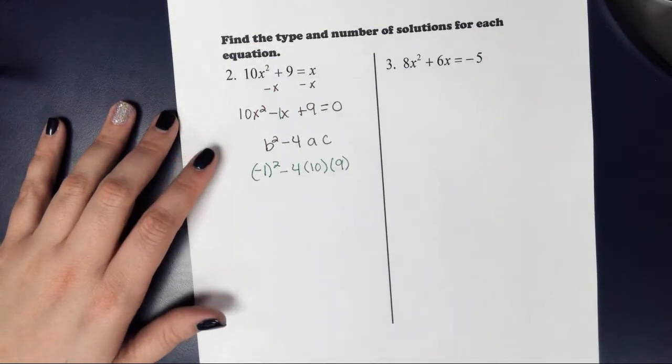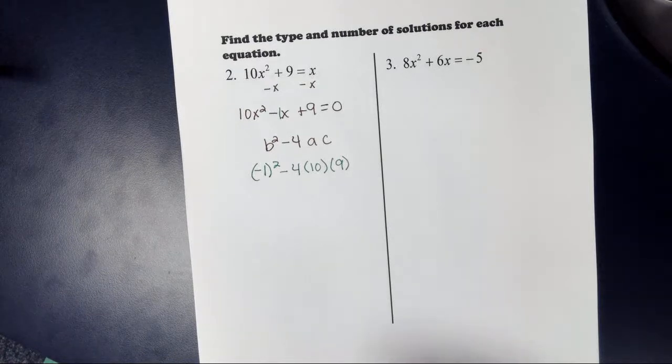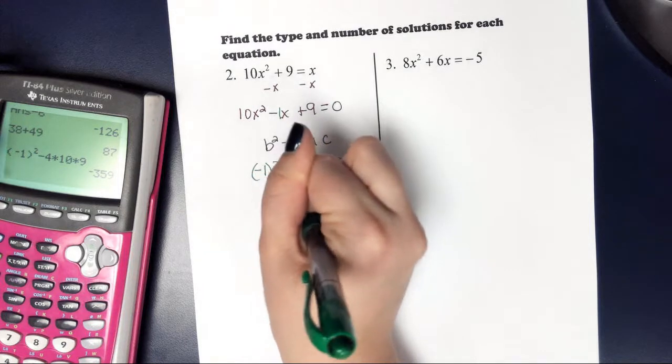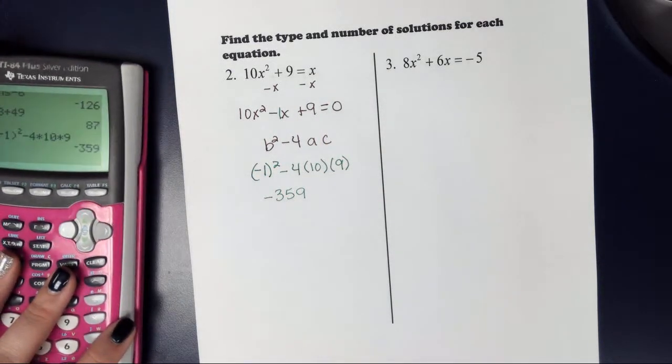Plug that in your calculator. You're going to plug in open parentheses, negative 1 squared minus 4 times 10 times 9, and hit enter. You're going to get the answer of negative 359. Again, there's what it looks like on my calculator screen if you want to refer to that.